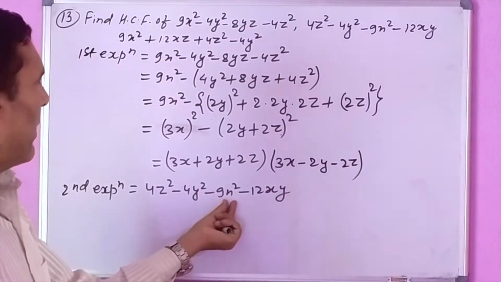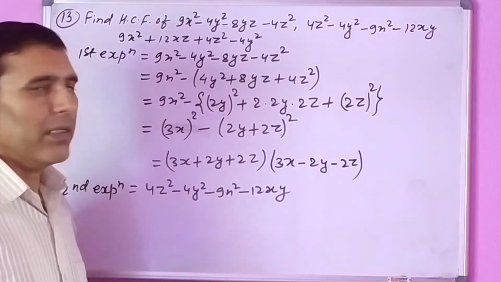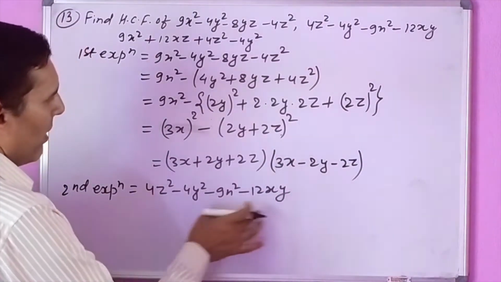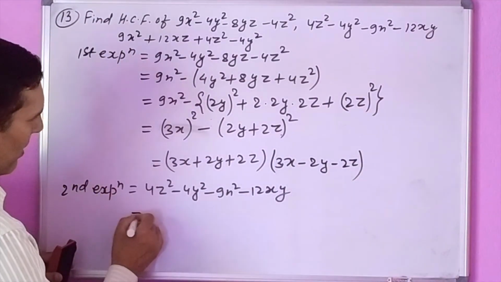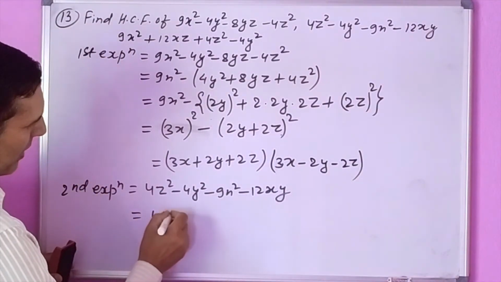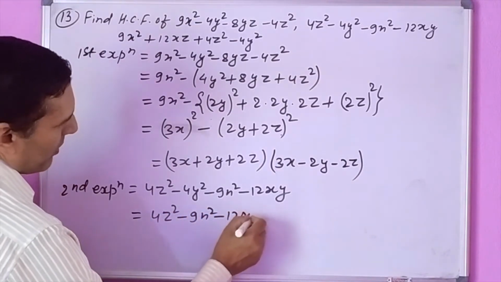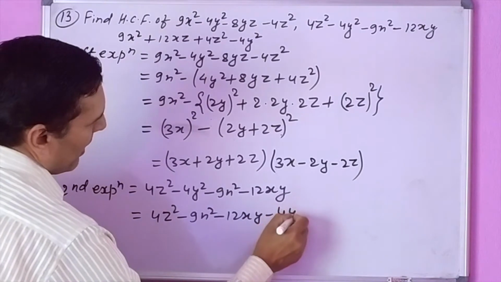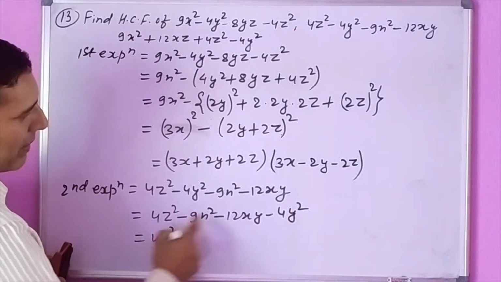We have one term containing x square, another term containing y square, and another term containing xy. So we take the minus sign common in the last three terms. First we arrange the terms: first 9x square, then 12xy, and then 4y square at last. Now we take minus common in the last three terms.